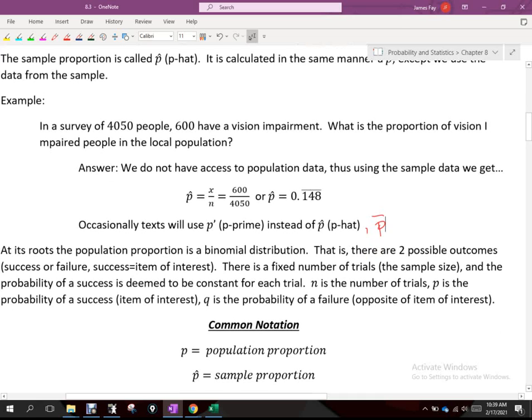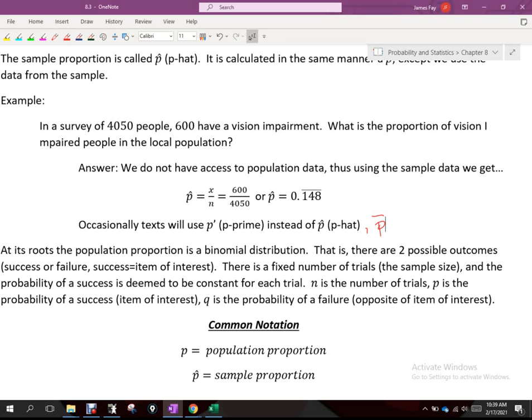At its root, the population proportion is a binomial distribution. Remember binomial distributions, where you had two outcomes, and this is where polls are basically population proportions. If I'm being surveyed in a poll, whether I like candidate A or candidate B, either I'm favorable to candidate A or I'm favorable to candidate B, right?